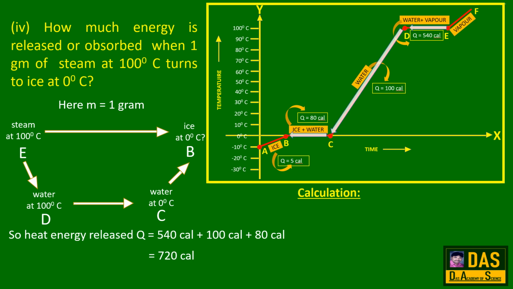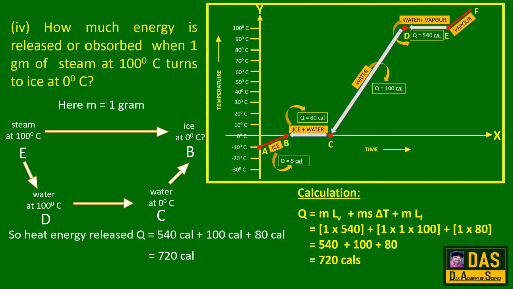By calculation also we can do by using suitable formulas. Between E and D we use Q equal to MLV. Between D and C we use Q equal to MS delta T formula, and between C to B we use the formula Q equal to ML.